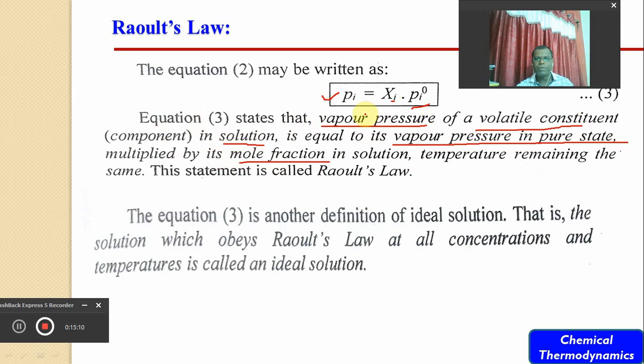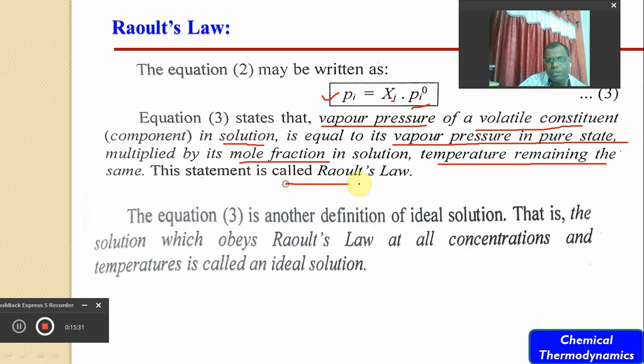So the vapor pressure of a volatile component or constituent in solution is equal to its vapor pressure in the pure state multiplied by the mole fraction of that component in solution, at constant temperature.